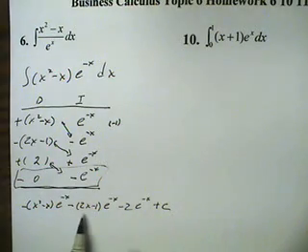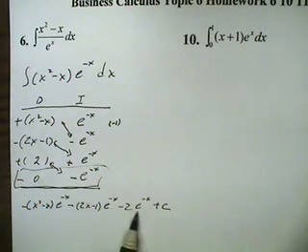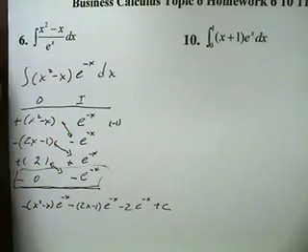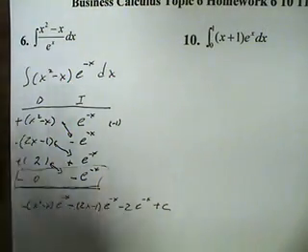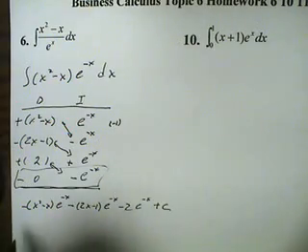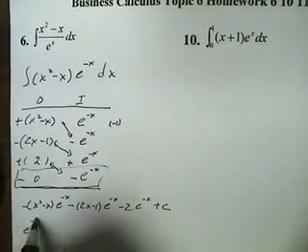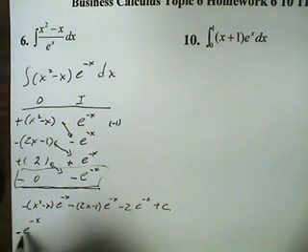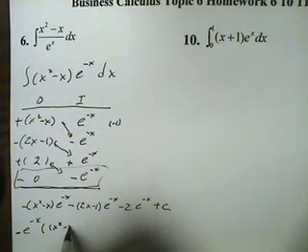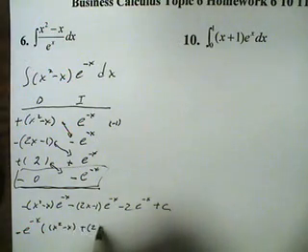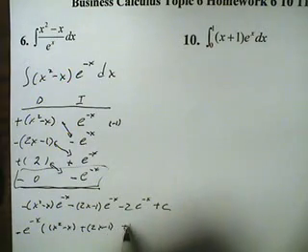Now I'm going to factor out, let's say, the e to the negative x power. So we have e to the negative x. Also, we'll take out the negative as well. And that'll leave behind the x squared minus x, a positive in front of the 2x minus 1, and a positive 2 here.